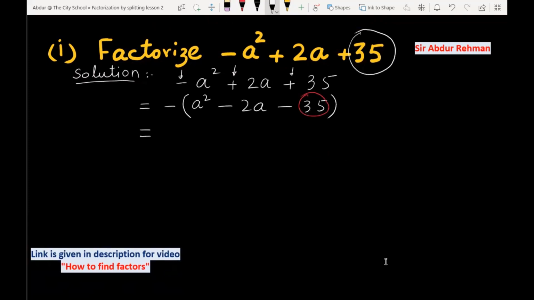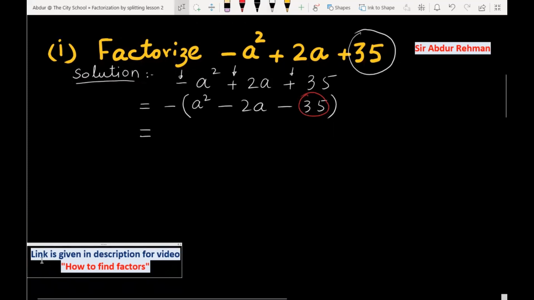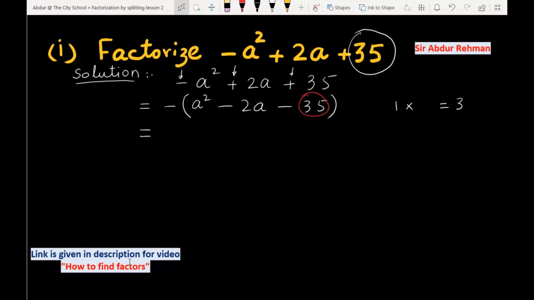You can watch the video on how to find factors. The link for the videos on how to find factors is in the description. So I'm going to find the factors of 35 here. 1 times 35 is 35.